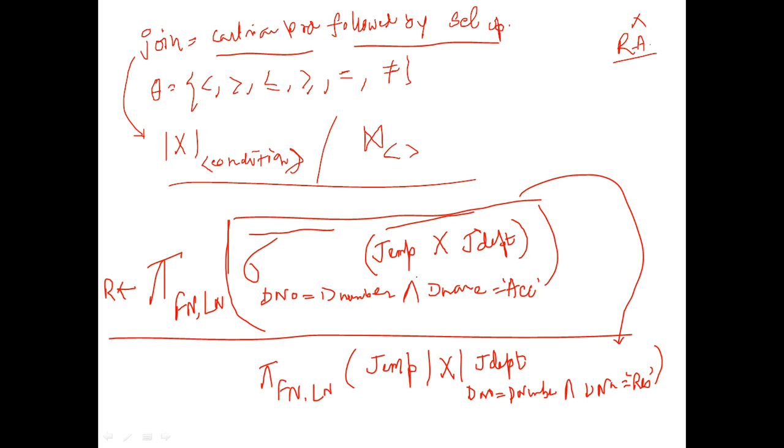So you do not have to write JEMP cross JDPT, then put the select operator, then put this condition. You remove all those things, just put the join symbol and put the condition here. That is join.